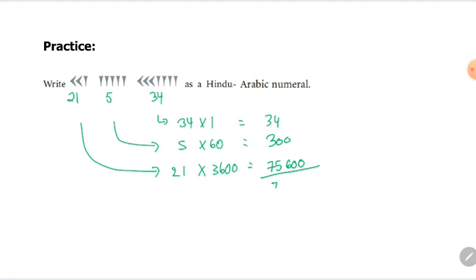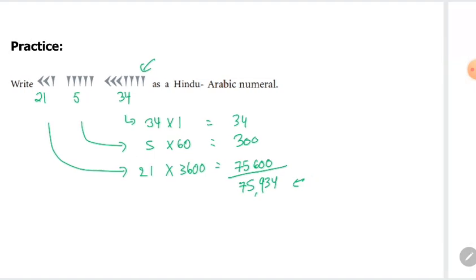So this would total to 75,934. So this Babylonian numeral is equivalent to this Hindu-Arabic numeral.